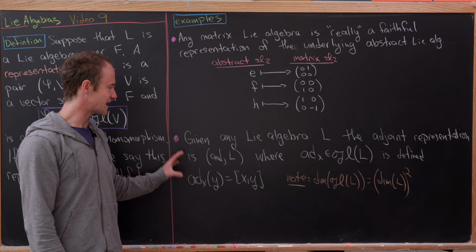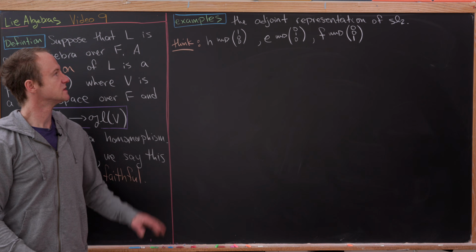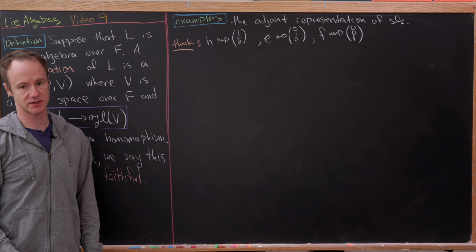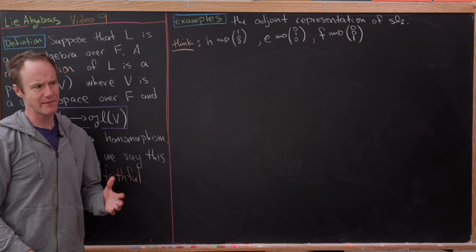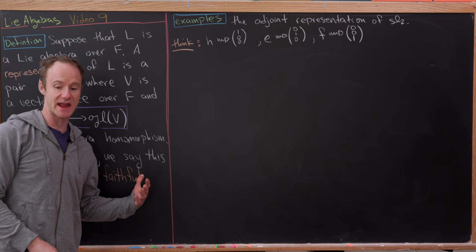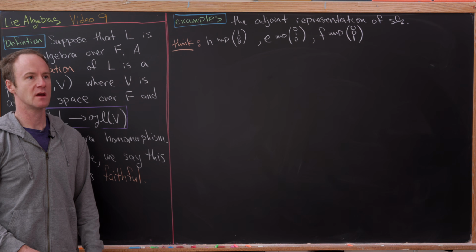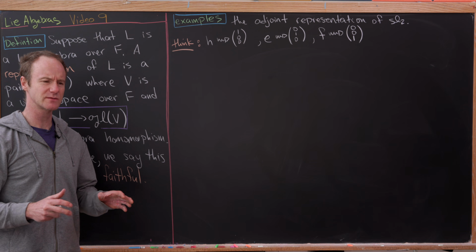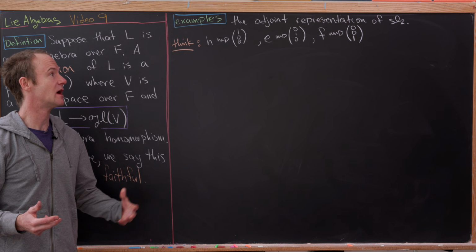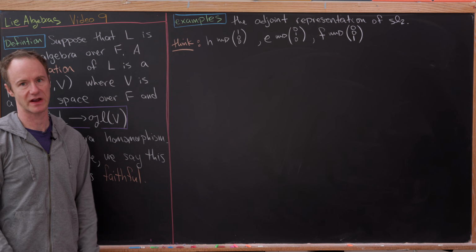Okay, so let's look at a special case of this second type of representation: the adjoint representation of sl2. That means we're going to want to look at the matrices of ad H, ad E, and ad F, those adjoint actions. But in order to do that, we need some way to think about the vectors within sl2 as column vectors.